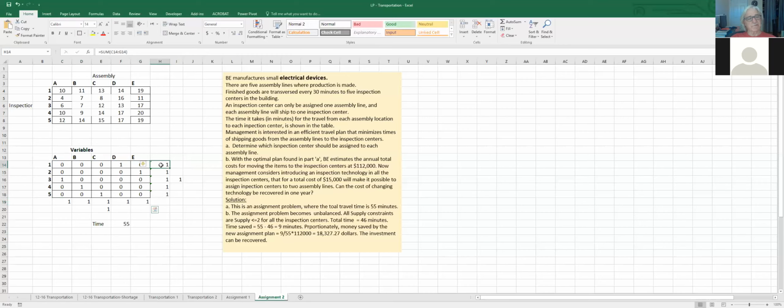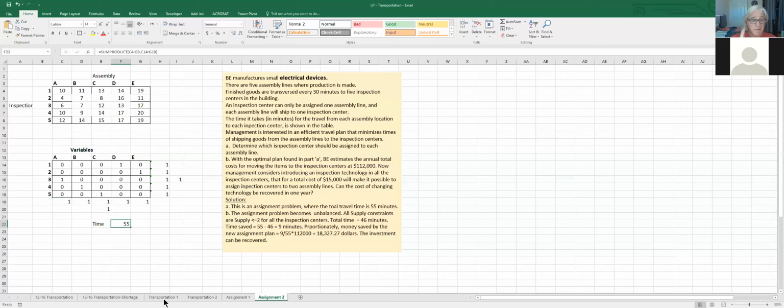Make constraints of the form: these sums are equal to 1, and these sums are also equal to 1. Balanced, solve the problem by minimizing the time, get 55 minutes. And this is flash time.